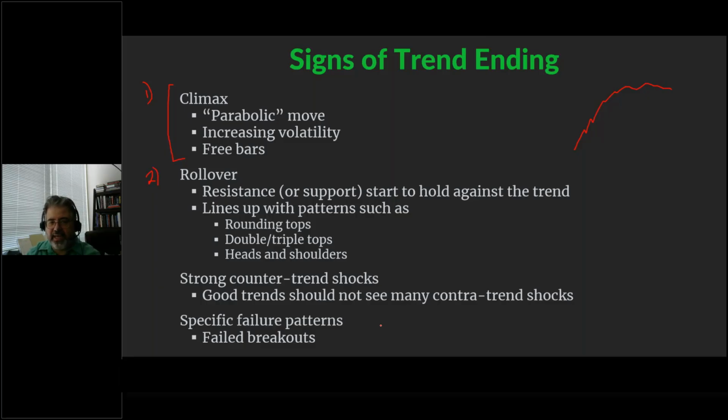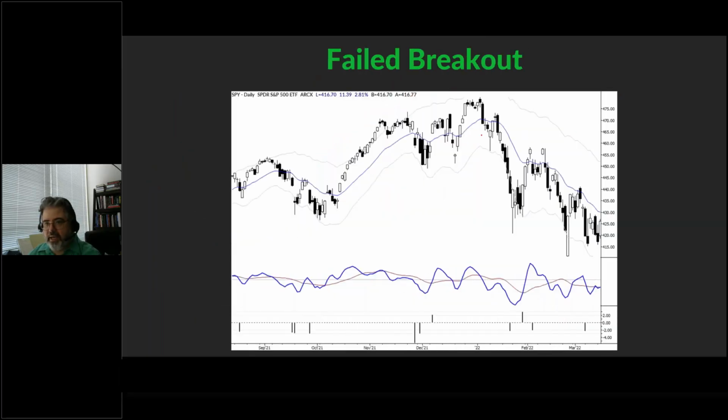So you really should not have these huge disruptions against the trend. If you see that, what that will tend to do is break down the trend. And in particular, if you start to see these strong counter-trend shocks following a climax or a rollover, that is a very, very strong piece of evidence that you might be rolling over into a new trend in the other direction. You also want to keep an eye out for failed breakouts.